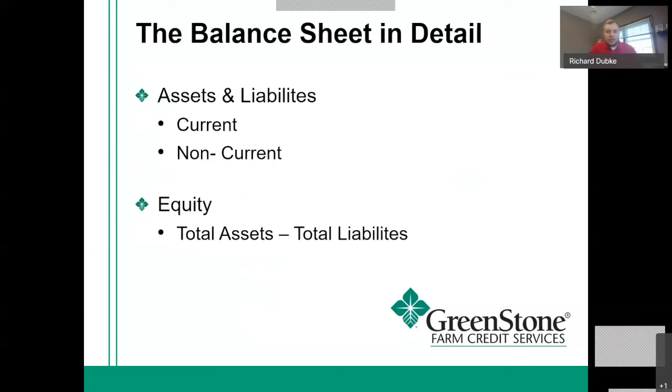We'll get into a deeper dive as to what that means in the next couple of slides. A major financial metric that you can pull from the front page of a balance sheet is the borrower's or potential individual's equity. This would be total assets minus total liabilities. We'll get into that a little bit more in the next few slides.